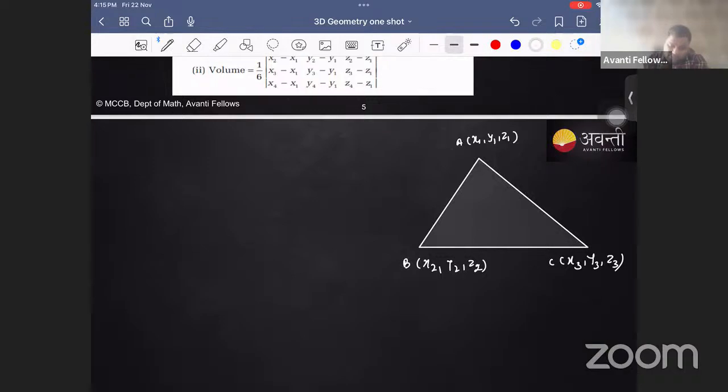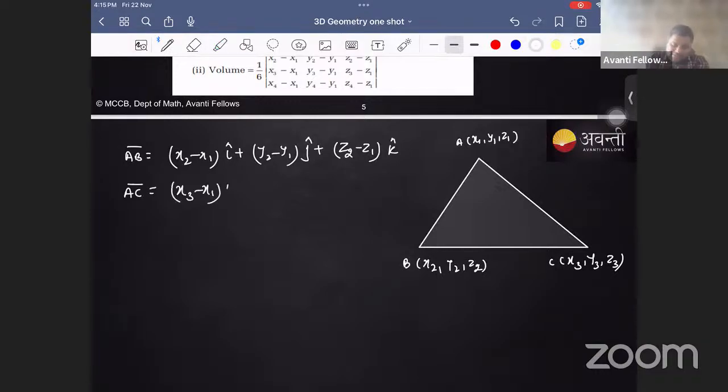Now, if I want to write, AB vector will be (x2 minus x1) i cap, (y2 minus y1) j cap, (z2 minus z1) k cap. AC is (x3 minus x1) i cap, (y3 minus y1) j cap, (z3 minus z1) k cap.